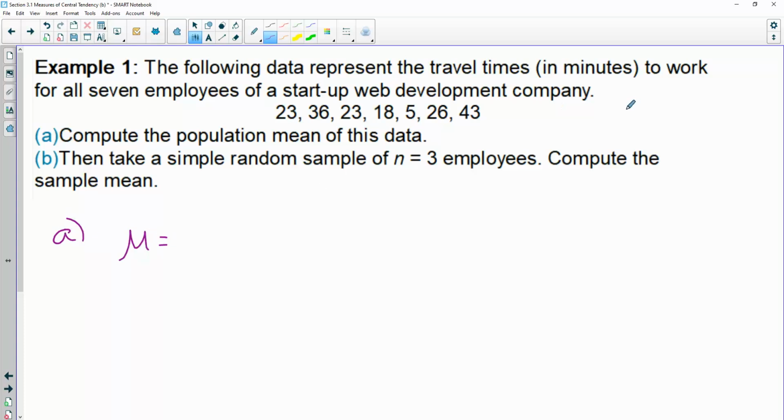You add them all up. So grab a calculator. Let's add them all up. What did you get? I got 174. What did you guys get?